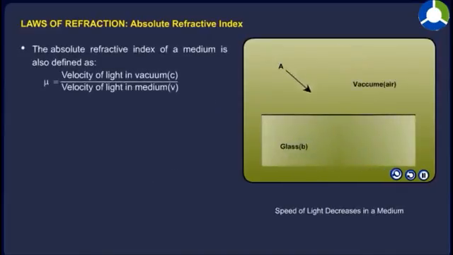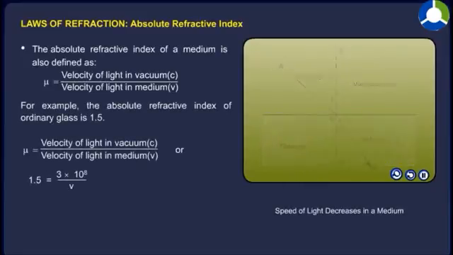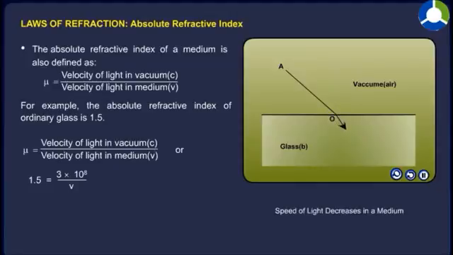The absolute refractive index of a medium is also defined as mu is equal to velocity of light in vacuum upon velocity of light in medium. For example, the absolute refractive index of ordinary glass is 1.5.